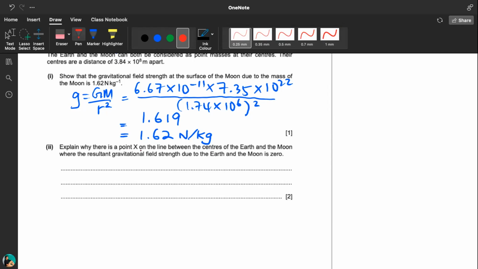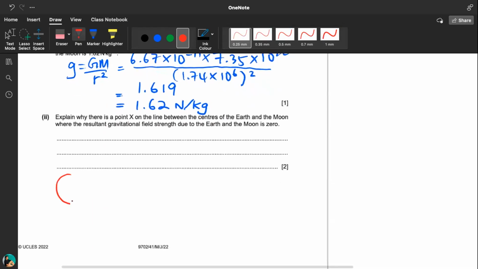Explain why there's a point X on the line between the centers of the Earth and the Moon where the resultant g is 0. Okay, so here's the Earth, and on the line between the Earth and the Moon, you will have a point where the resultant gravitational field strength is 0.